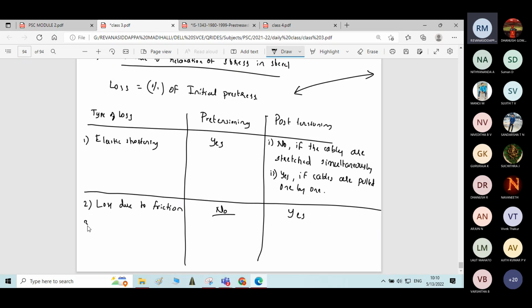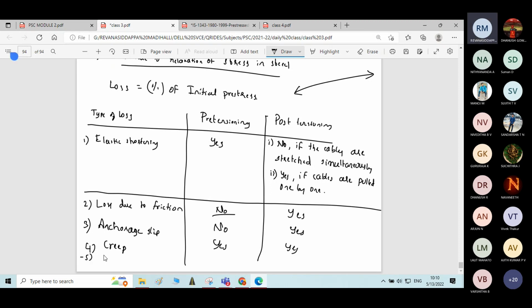Then the third one is anchorage slip. No in case of a pre-tension member, yes in case of a post-tension member. Next, creep. It is yes for both the members.